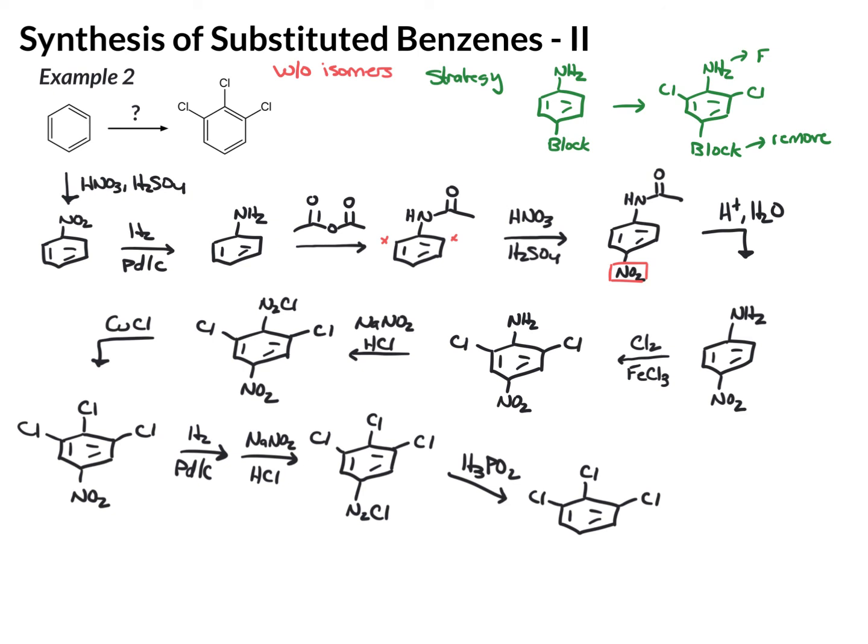So this is a long and complex synthesis, and it may seem like a lot, but what I will tell you is as you start to practice some problems, you're going to see this similar strategy over and over again.